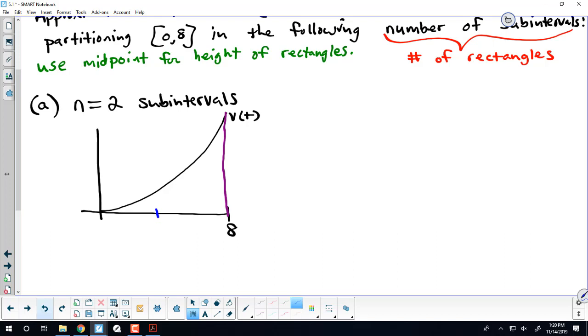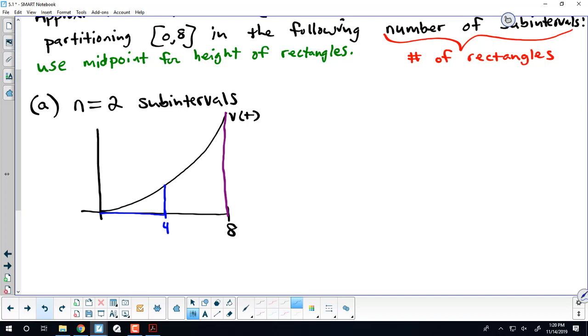Maybe I'll scoot that over just a little. So then, if we draw this rectangle, there are multiple options here. The base of this rectangle is fine, it's just 4. But what do we want to use for the height of the rectangle? That has to be specified as well, and it says to use the midpoint for the height of each rectangle.